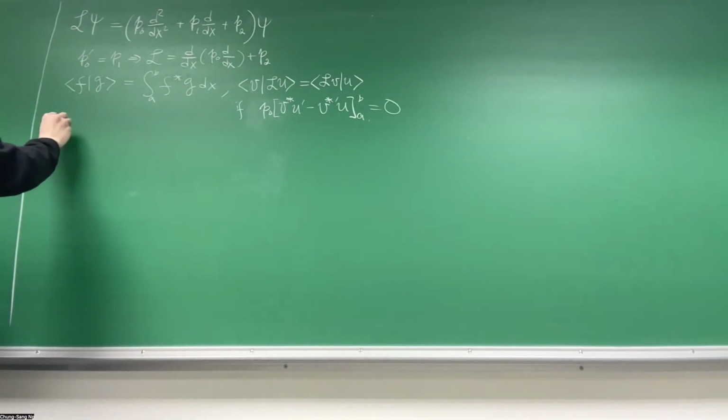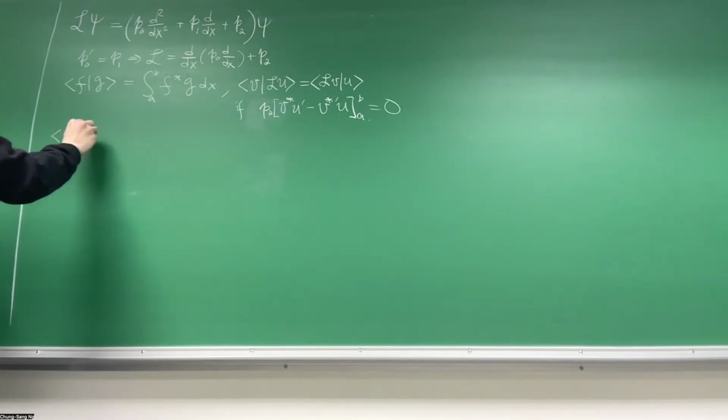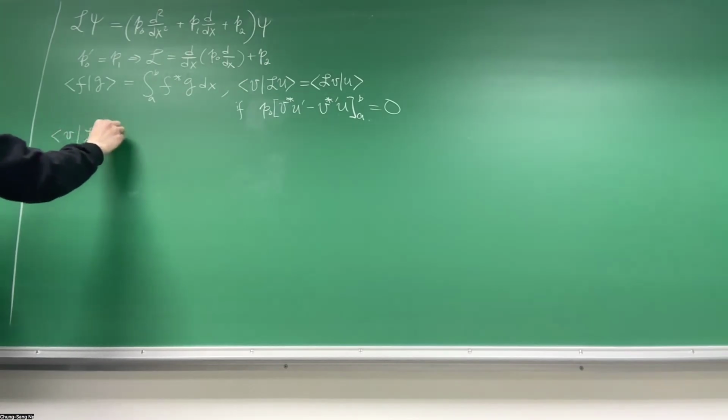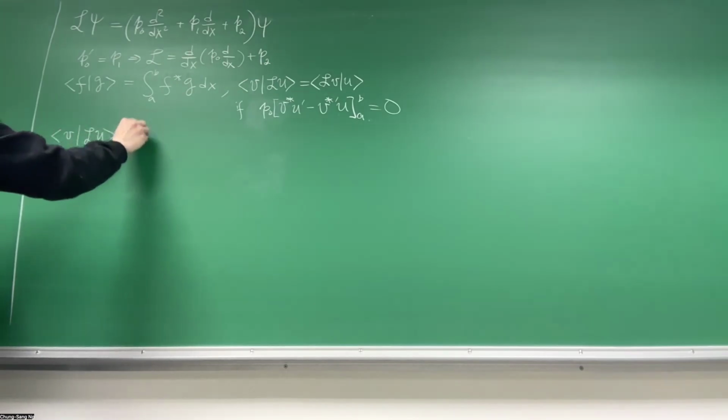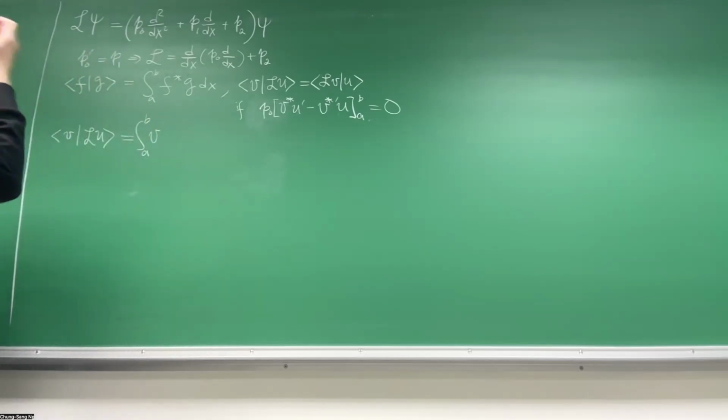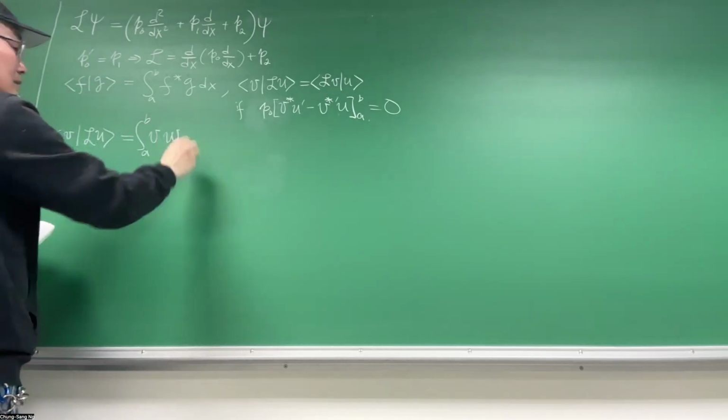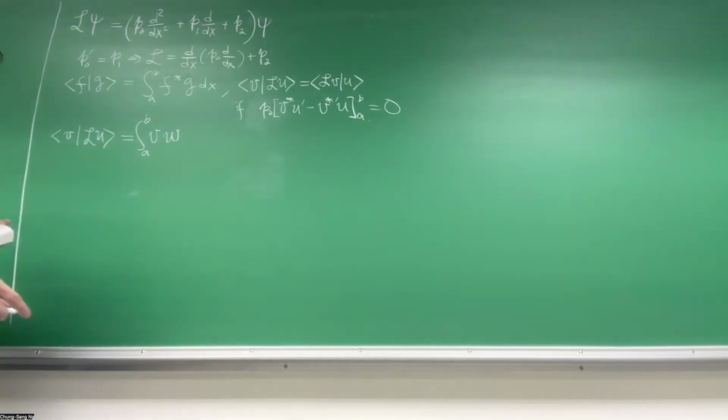Now this kind of scalar product will be the integral from A to B of V, now you multiply by a W. W now is a function of x also.